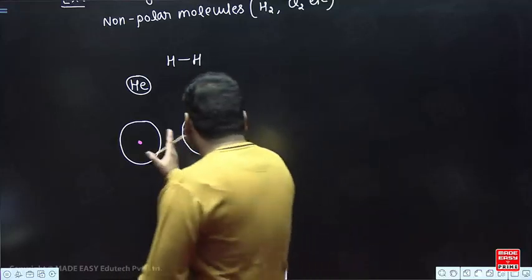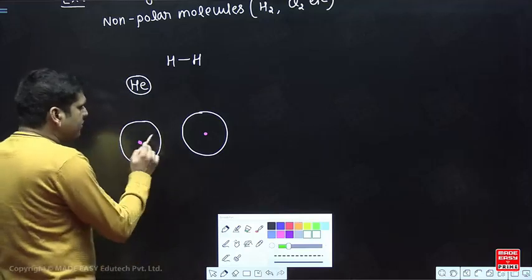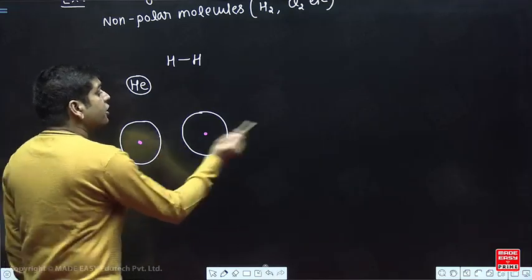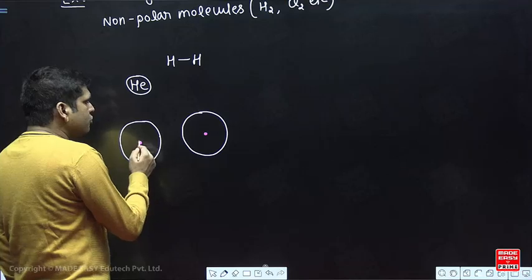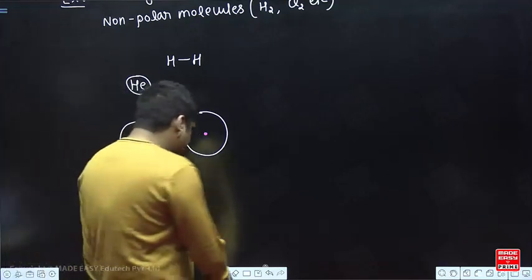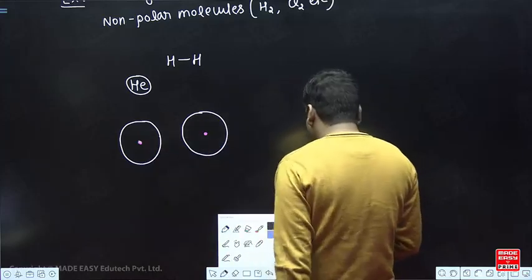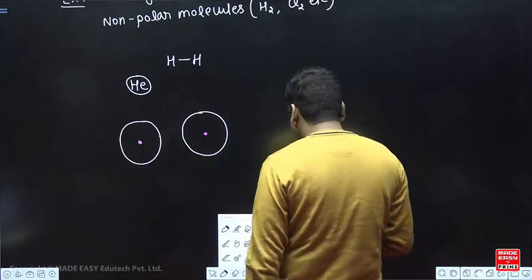When these atoms vibrate around their mean position, this electron cloud repels this electron cloud, and this nucleus attracts this electron cloud. Because of repulsion, the nuclei will go away and electron clouds will try to come this side.